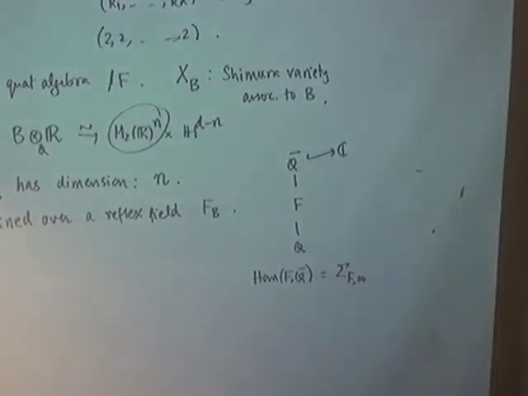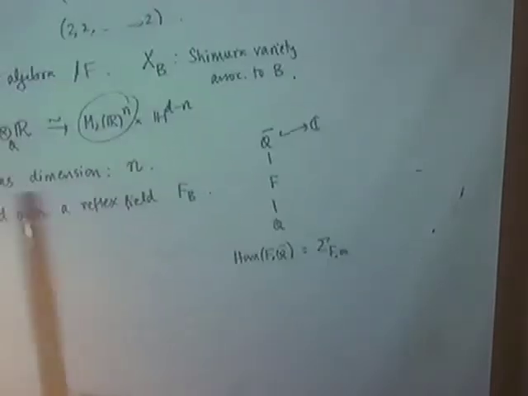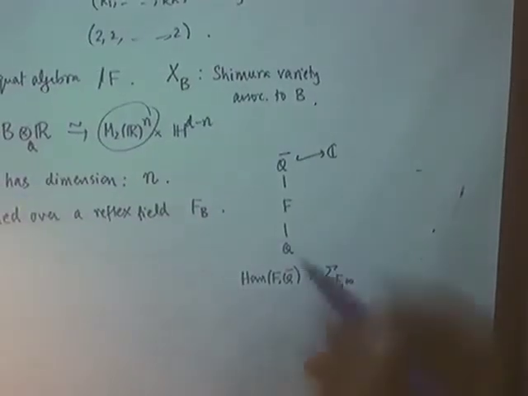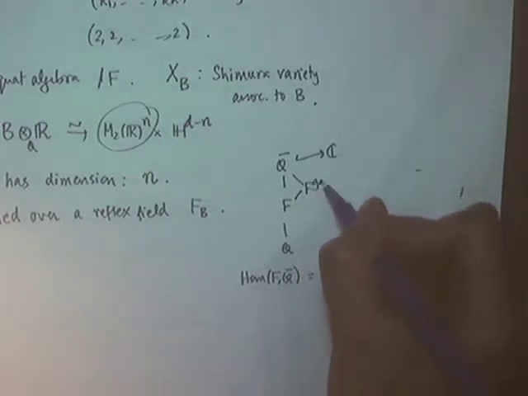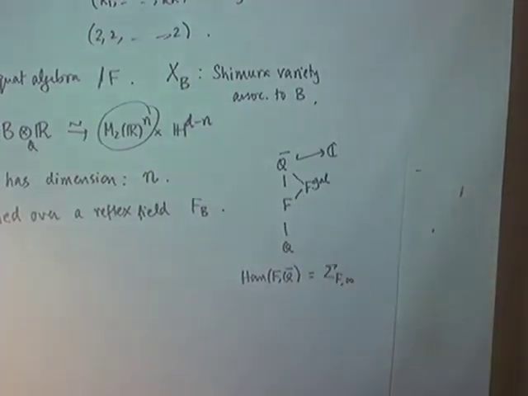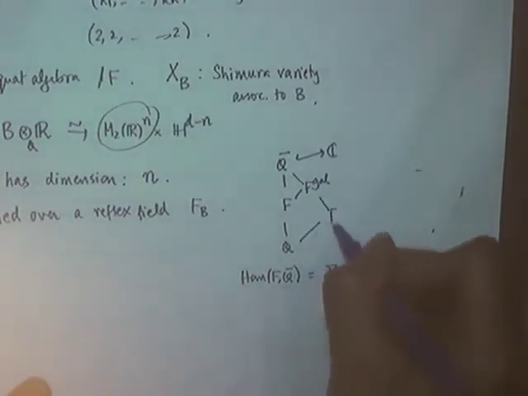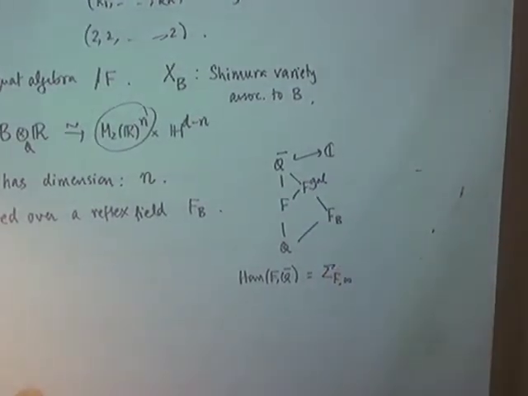Okay. All right. And what is this reflex field going to be? Well, it'll live inside the Galois closure. So let F gal denote the Galois closure of F. Right. And the reflex field is something that's going to sit inside there. Okay. So I have to tell you what the Galois group of Q bar over F B is.